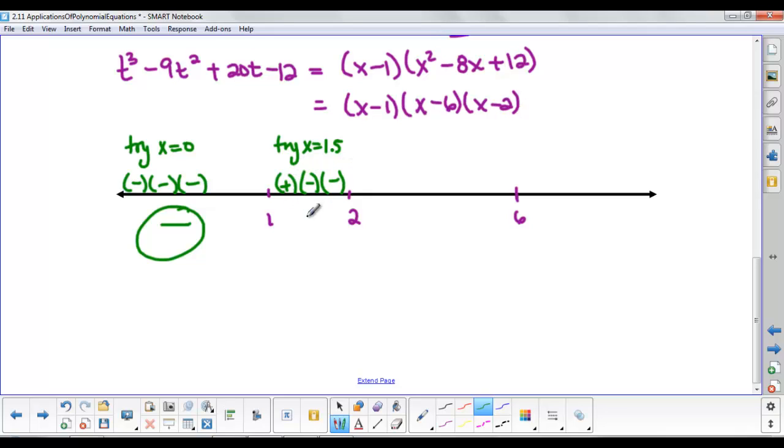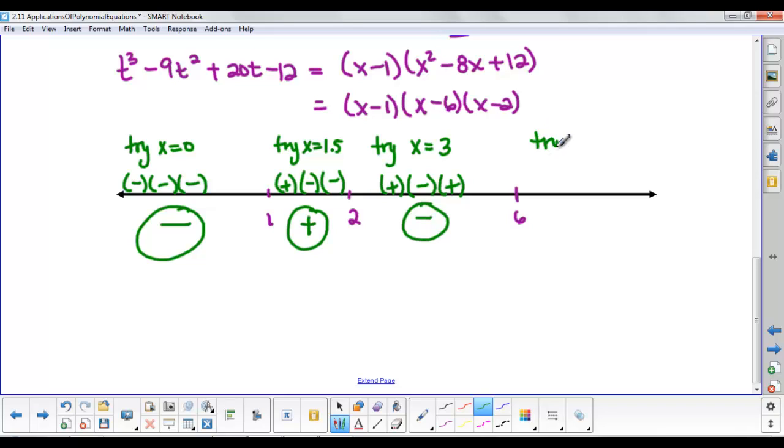Now positive times a negative times a negative gives us one big positive value. Now anywhere in between 2 and 6, as long as you pick a number in between, you're good to go. So we'll try 3. Subbing in 3 into the first bracket gives me a positive answer, a negative in the second bracket, and a positive in the third. Altogether gives us negative.